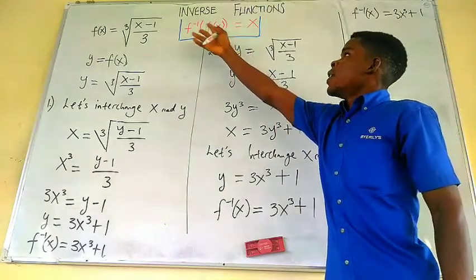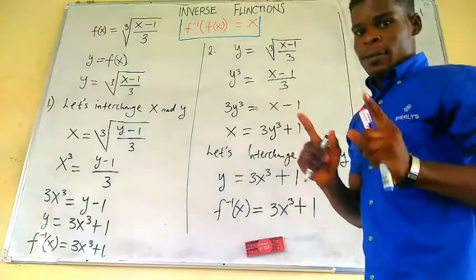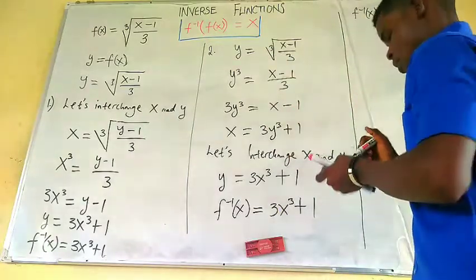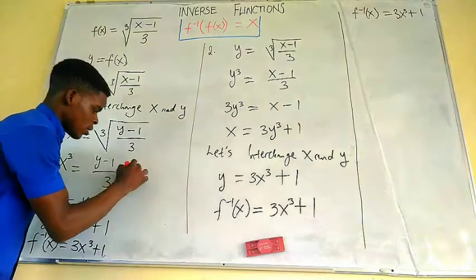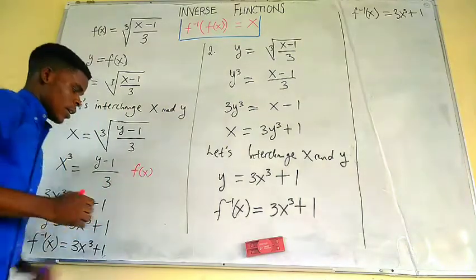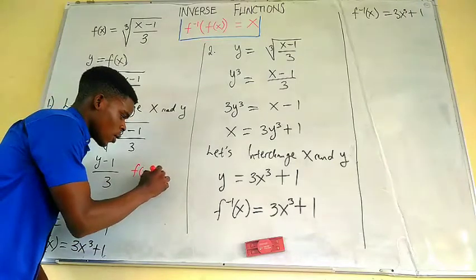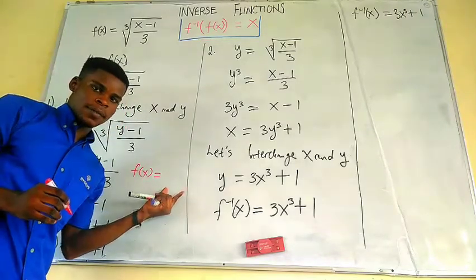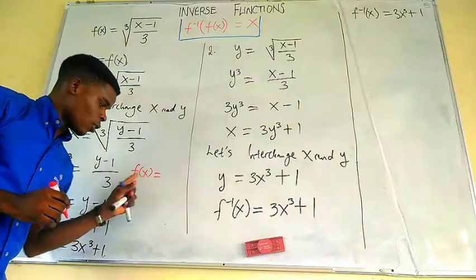Well, f inverse of f of x. Now, when you have f of x here as the independent variable, the function is always written in terms of x. That means x right here is like the domain of the rule f.